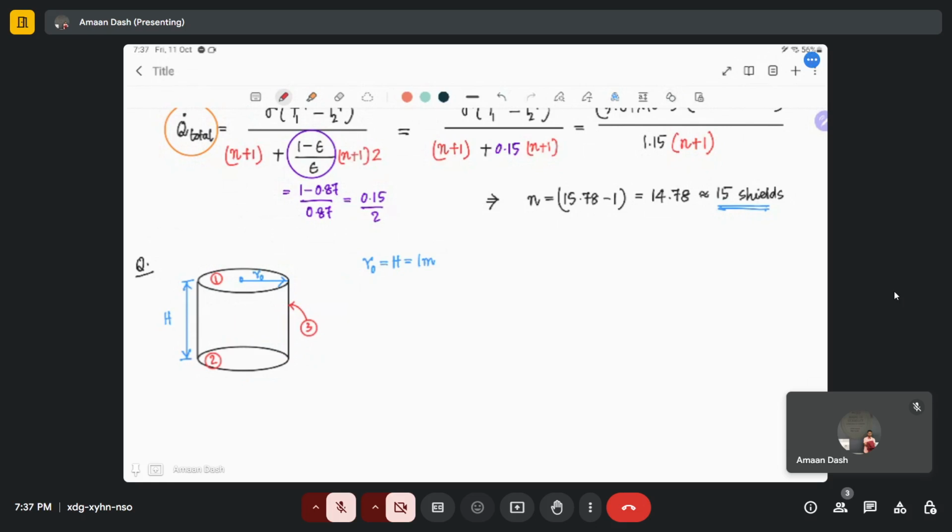And this has a radius equal to height equal to 1 meter.